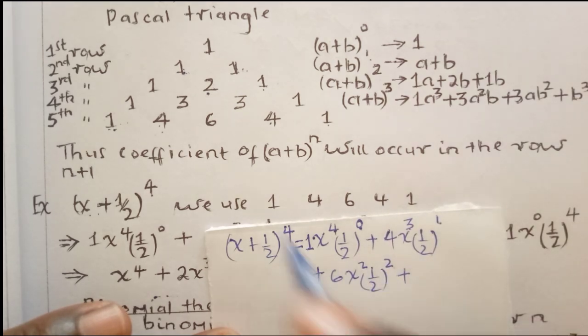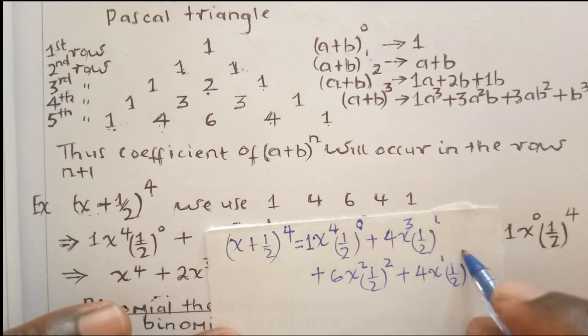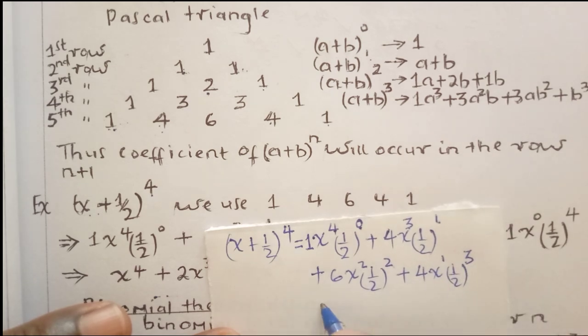So the next one will have 4, x raised to 1, then a half raised to 3. And finally, we have 1, x raised to 0, 1 over 2 raised to 4.